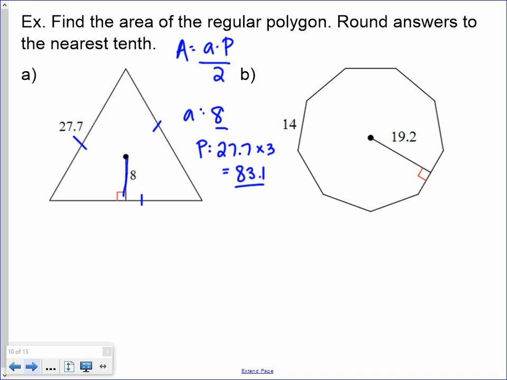Okay, and once you have those two pieces, then you just plug them into the formula and it's not so bad. So area equals apothem times perimeter divided by 2. Go ahead and type that in, because I don't have a calculator.